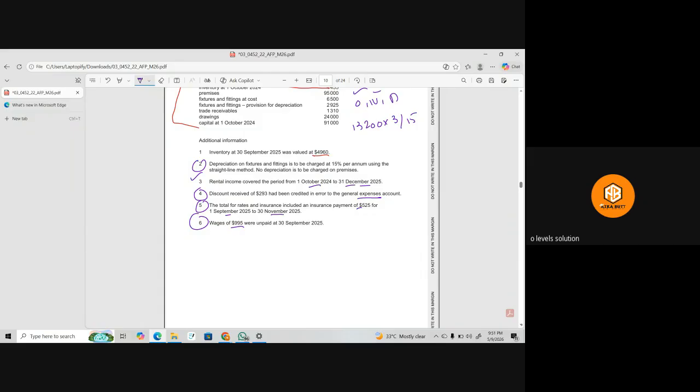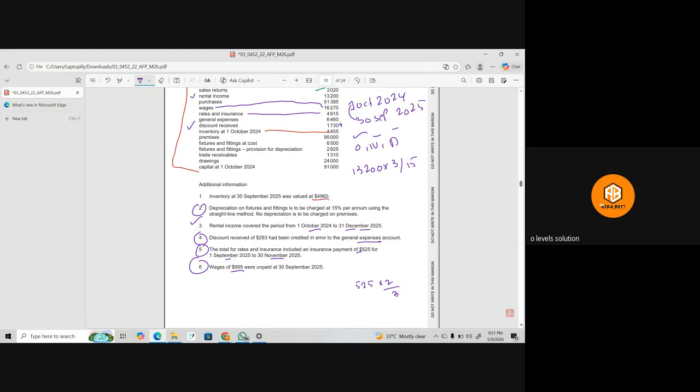So let's find it out. This is 525 multiplied by 2 divided by 3, which we need to deduct. We just only deduct the October and November, 2 months. Okay. So this will be 350. So here we have 4915.